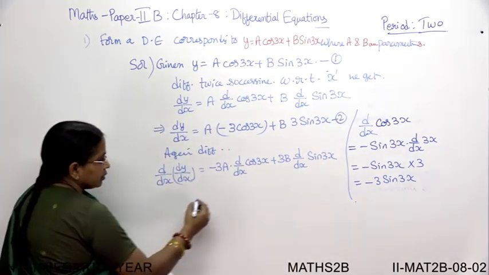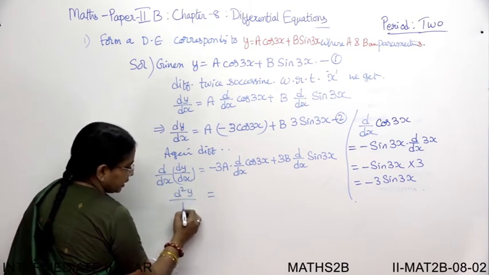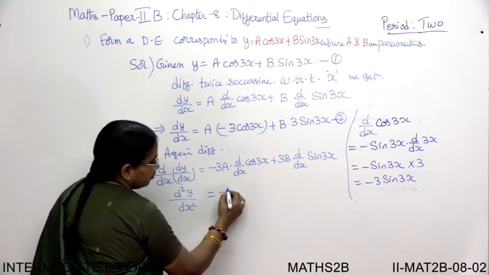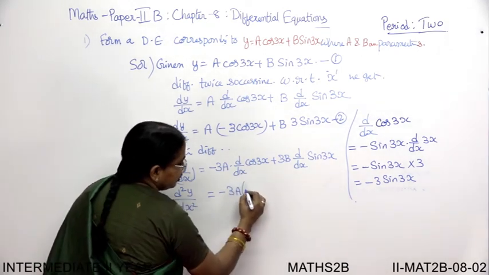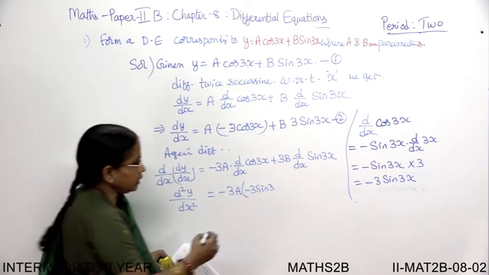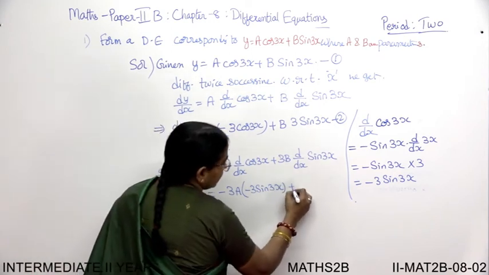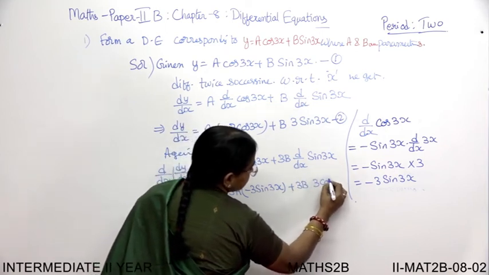So now what is this? This is d square y by dx square is equal to minus 3a into derivative of cos 3x, we found now, so minus 3 sin 3x, plus 3b into, again derivative of sin 3x is 3 cos 3x.